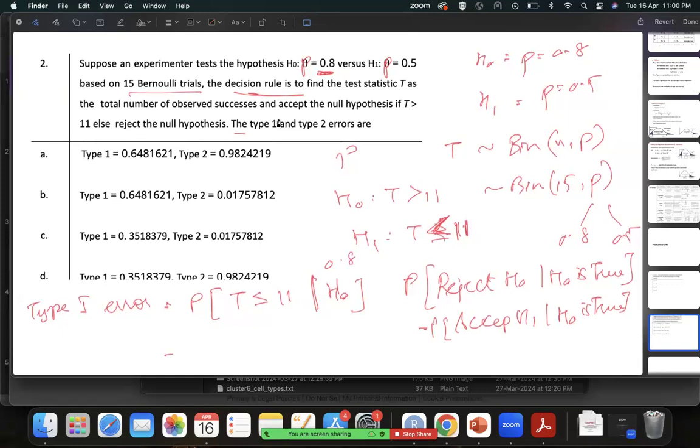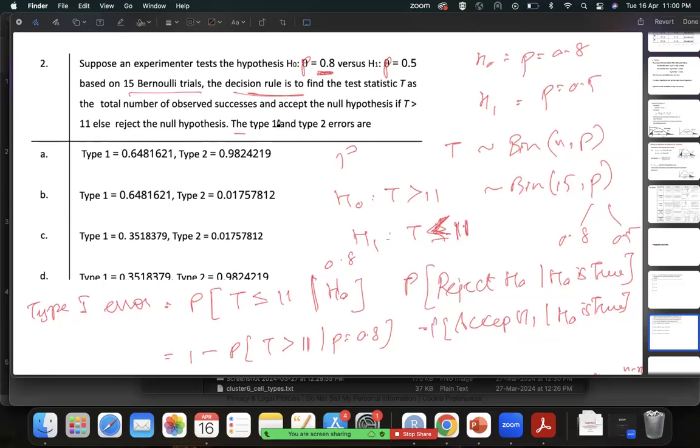This can also be written as 1 minus the probability of T greater than 11 given p equal to 0.8. You can calculate this using the formula for a binomial trial. You remember the formula: n choose x, p to the power x, times 1 minus p to the power n minus x. You do it like this: 1 minus the probability of T greater than 11, up to 15.